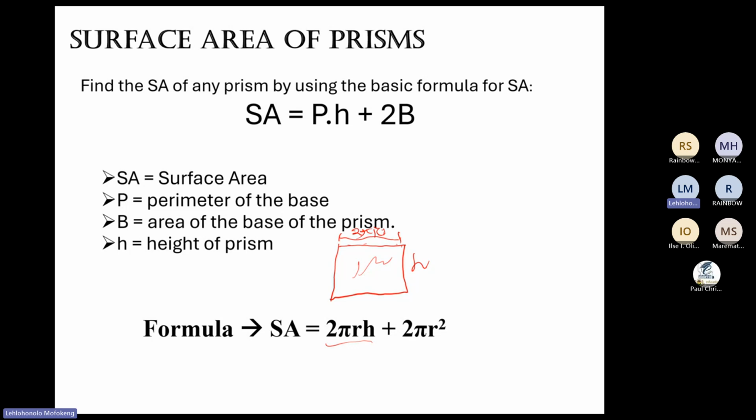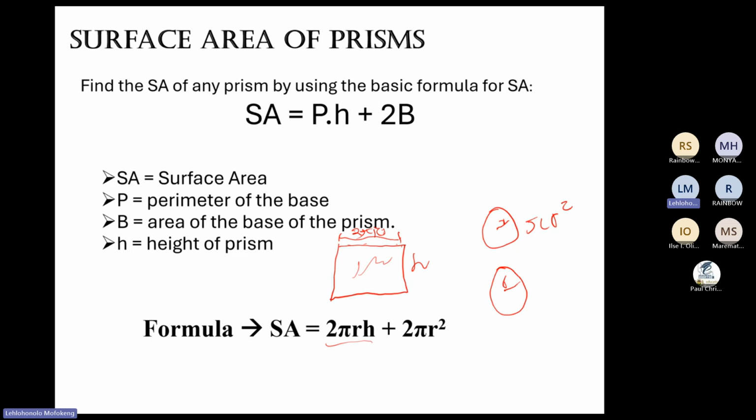So 2 pi r multiplied by the height will give us the area of that rectangle. And then another part will be for these 2 circles that are identical, which have the radius. For us to find the area of one circle, it will be pi r squared.